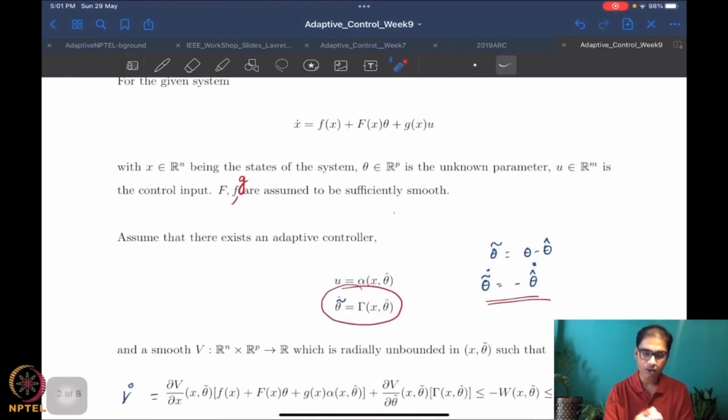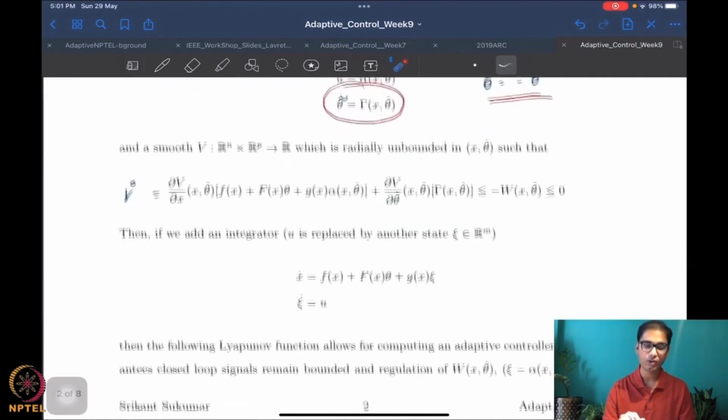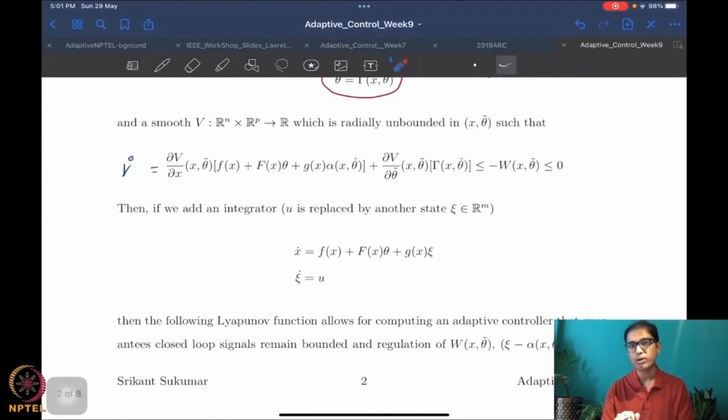And as the number of unknowns keeps increasing, which is rp in this case, you will see that the number of excess unknown parameter estimates also keeps increasing. This is of course not a convenient situation to be in. Eventually these are all going to be implemented in a microcontroller, and you definitely do not want to load your real-time control system by adding more and more states. So that's really one of the critical concerns here, and we seek to address it.